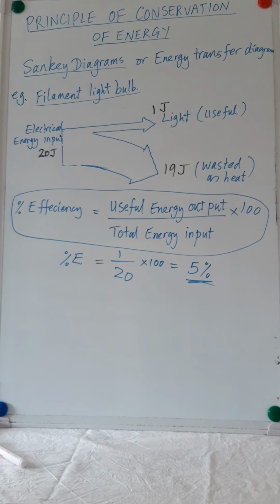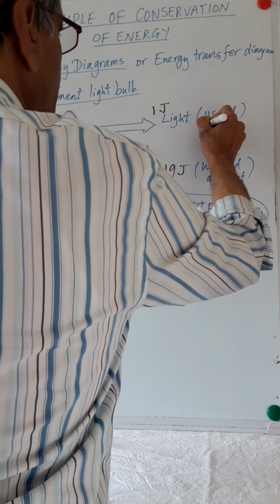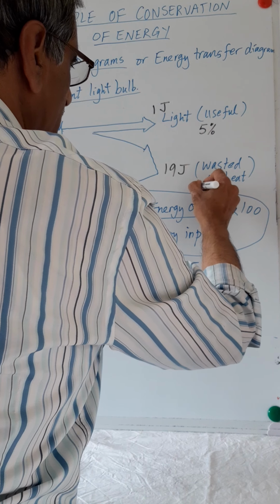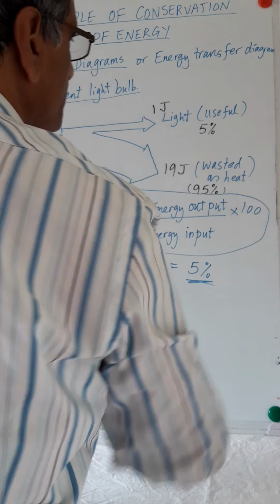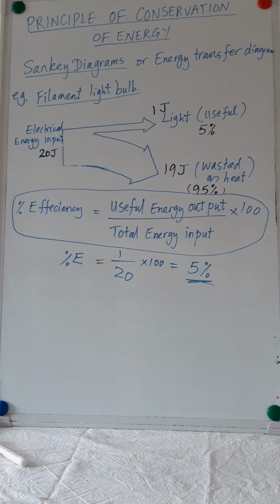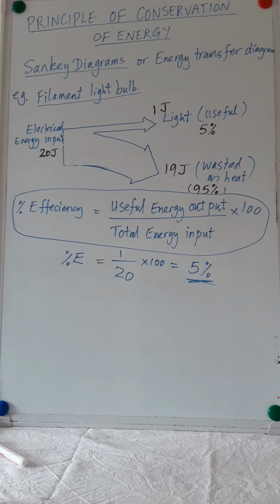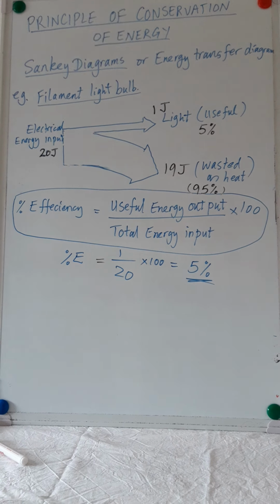This light bulb is only about 5% efficient, which is very, very bad. So only 5% of the energy is used. The rest, 95%, is wasted. This is an example of the use of energy and efficiency.